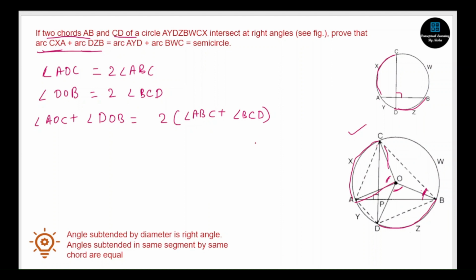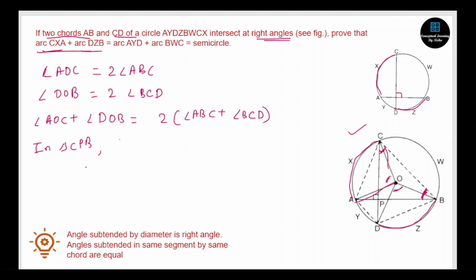Now, angle ABC is this angle, and angle BCD is this angle. Now if I talk about triangle CPB, in triangle CPB, angle CPB is 90 degrees, because they already told us the two chords intersect at right angles.